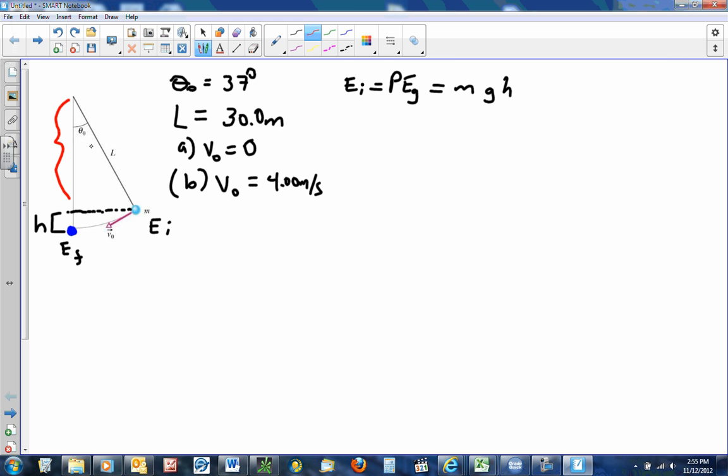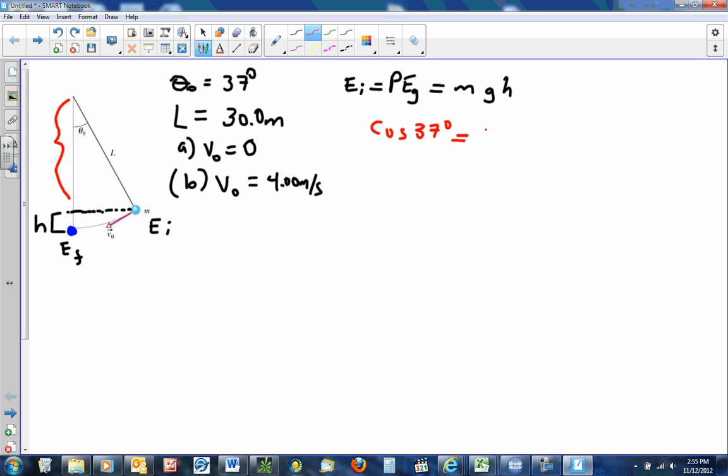Since we know this is 37 degrees and the hypotenuse is 30 meters, this is the adjacent side, so I could use cosine to find that. Cosine of 37 degrees equals the adjacent side, which I don't know.